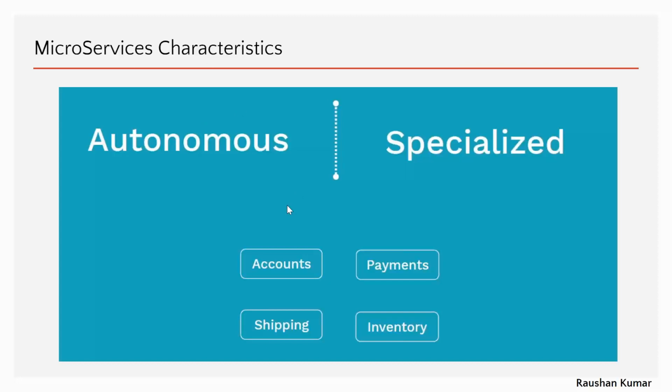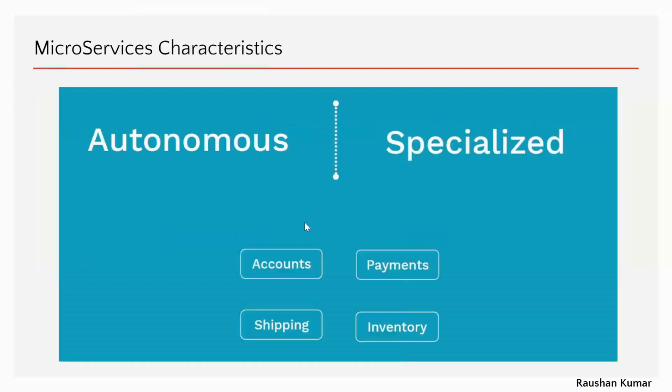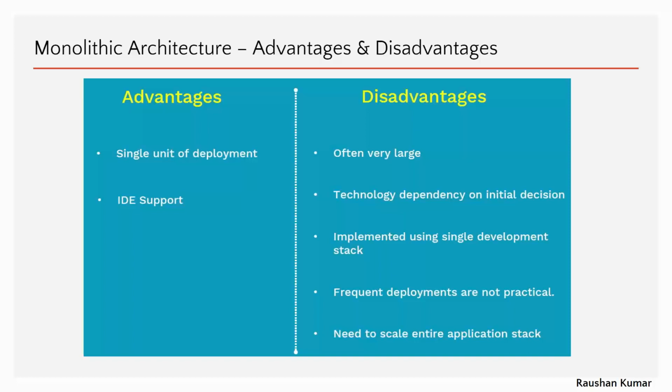So the next question comes, right? Where should we deploy this? And what are the advantages? First of all, let's talk about the disadvantages. Disadvantages of microservices. Advantages are very few; there are many more disadvantages. Now, if we have understood, we can easily understand this. So yes, the advantage is IDE support, integrated development environment.